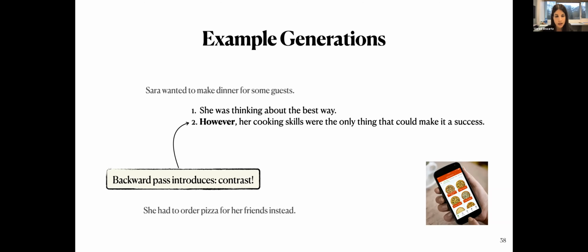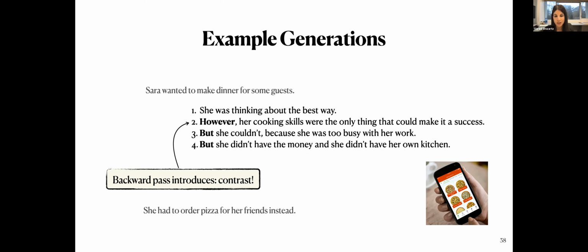But something nice that happens from here onward is that because of the backward pass that instilled the future constraint, now every generation starts with a contrast word because there's some surprisal in the future context. "But she couldn't because she was too busy with her work." That's already good. "But she didn't have the money and she didn't have her own kitchen, but she didn't know how to cook." So all of the last 3 are pretty good, I think.